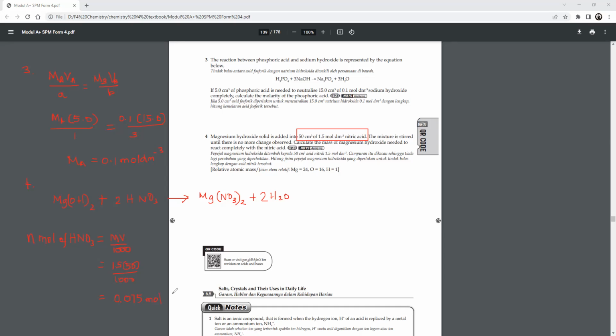Right? I told you, when you do this kind of question in Form 5, you need to write in the exam. From the equation, you need to write this one, right?